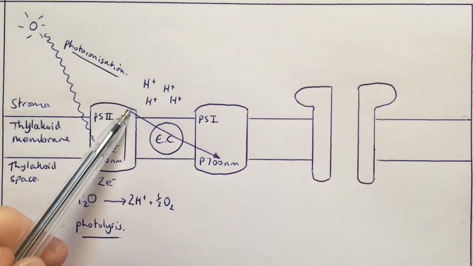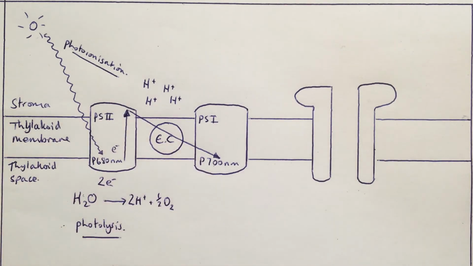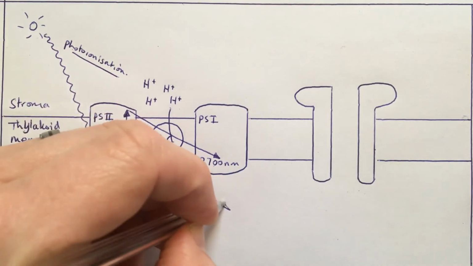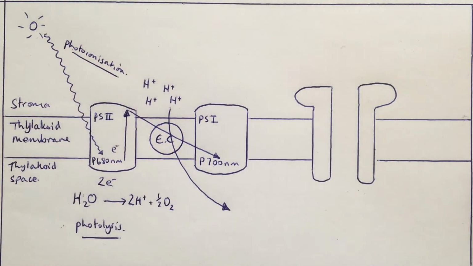And you can see that it moves gradually down to the bottom of the membrane, so therefore it loses energy. When it loses this energy, that energy is used to pull the protons from the stroma into the thylakoid space.